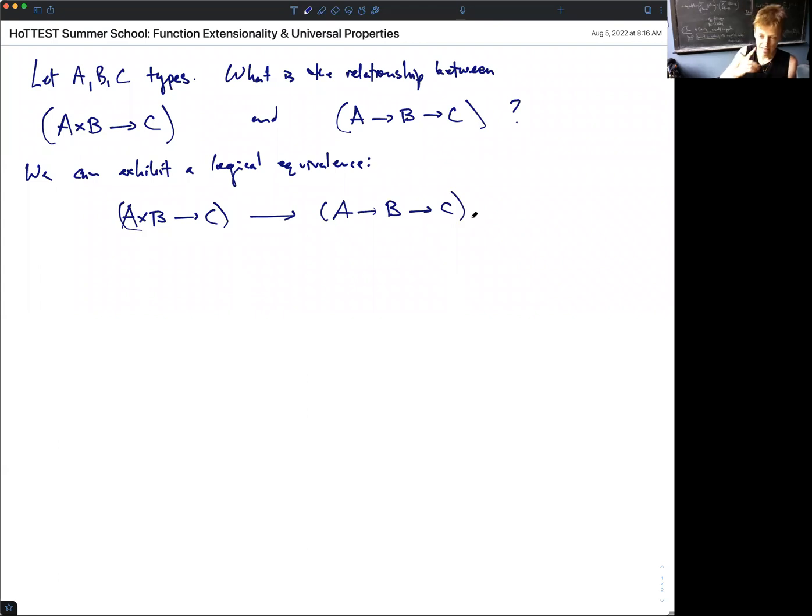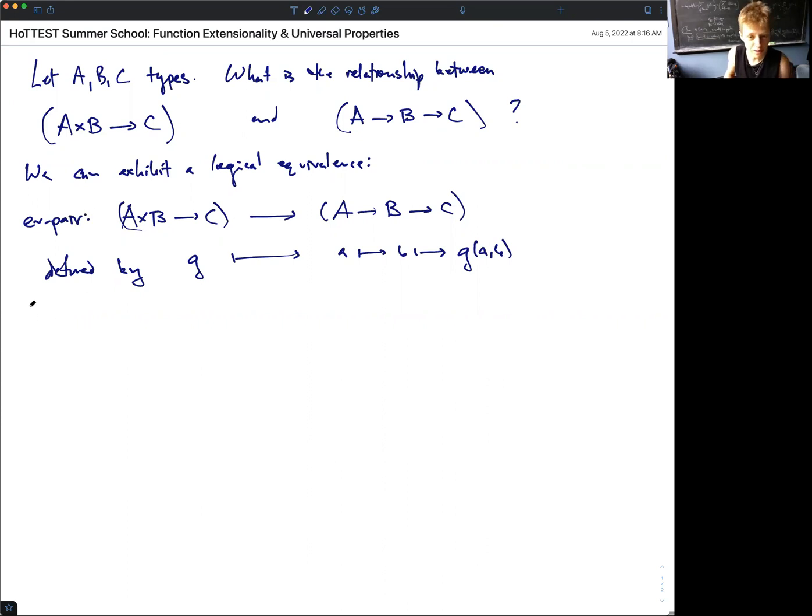How does this function work? It would take a G, which is a term of this type, then pick up an A, which is a term of type A, and a B, which is a term of type B, and then I need a term of type C, but I can just get that by evaluating my function G at the pair A, B. I'm going to call this function evaluate at a pair.